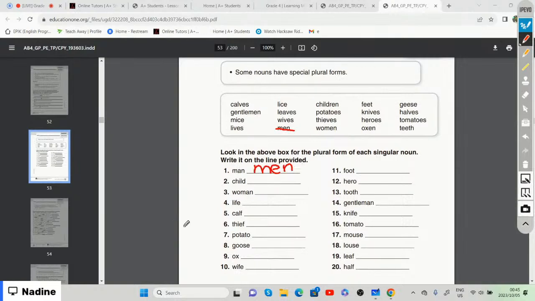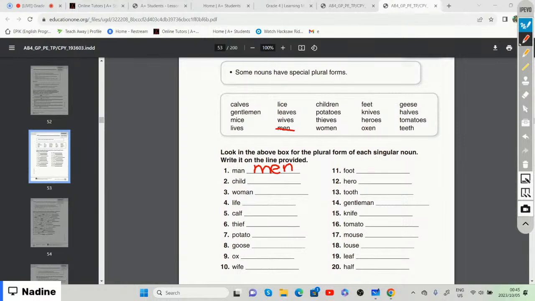What is the plural form of child? One child, more than one. Do we say childs, or what is the plural form? We need to choose from the box.